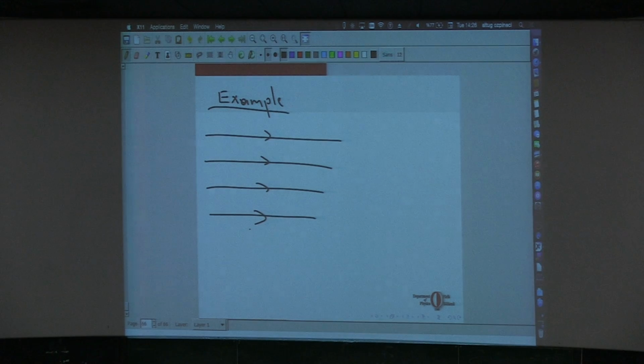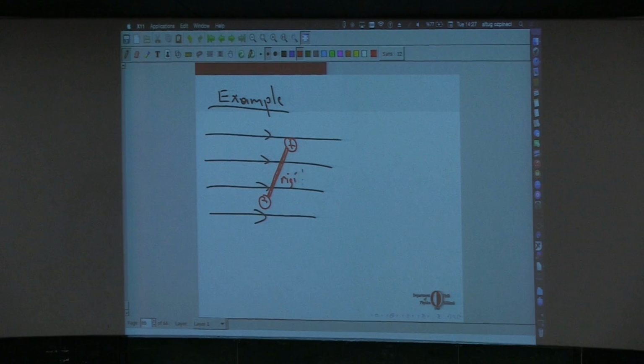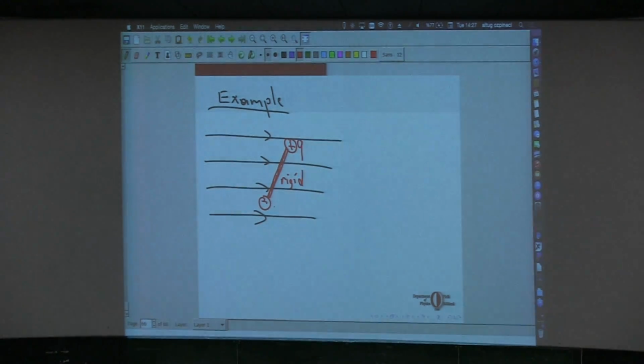And in this electric field, I imagine that I take two charged spheres, one here, positively charged, one here, negatively charged. They are connected by a rigid rod. This is plus Q, this is minus Q. So this is the system I have.